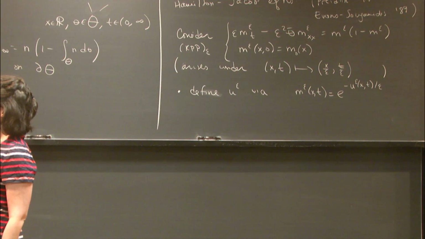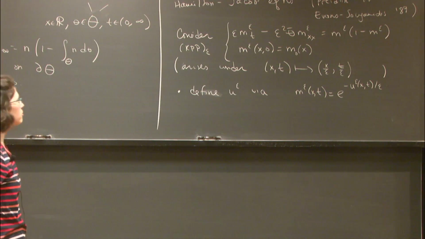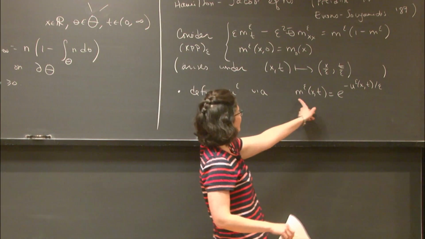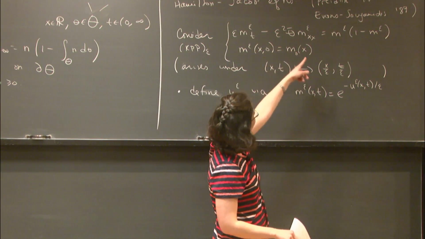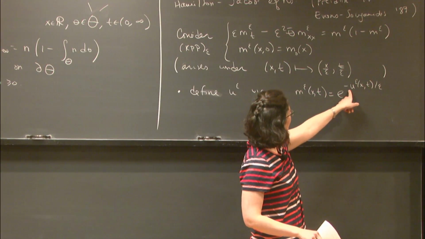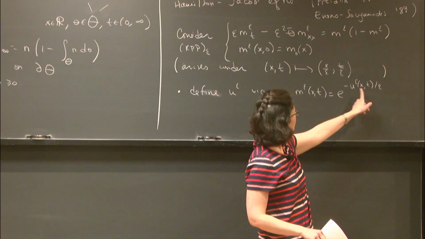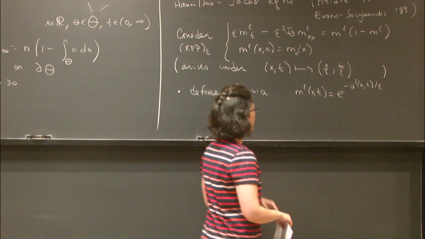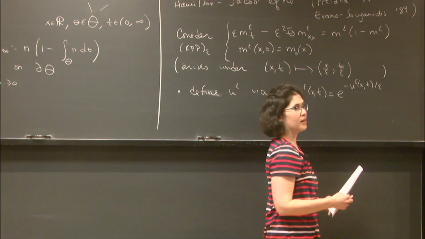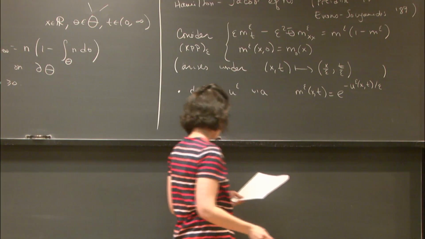You get that your solution m is between 0 and 1, or certainly bounded. Because the m epsilons are bounded, the u epsilons cannot be going to something negative, because if they went to something negative, this would blow up.